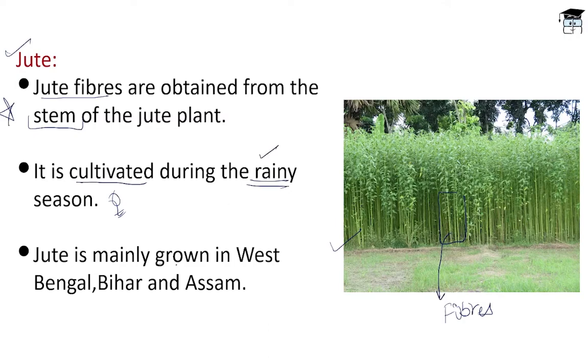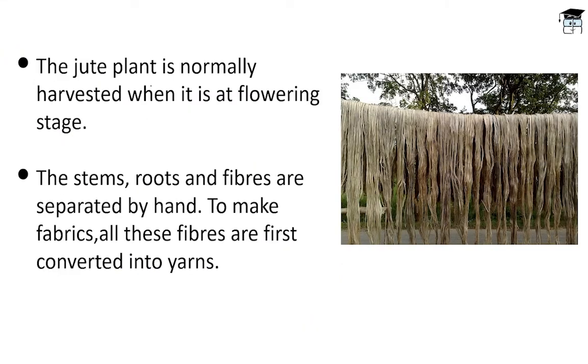Jute is mainly grown in West Bengal, Bihar and Assam. So we have three major regions in which jute is grown, that are West Bengal, Bihar and Assam. The jute plant is normally harvested when it is at the flowering stage.